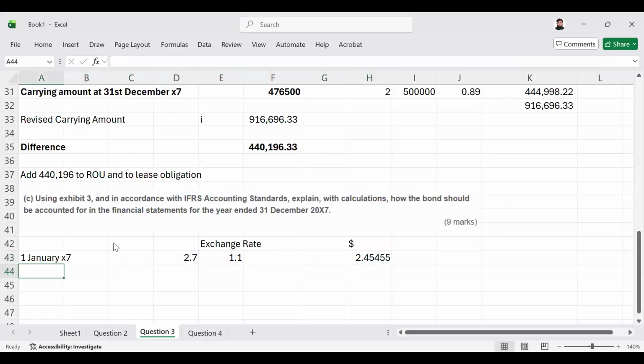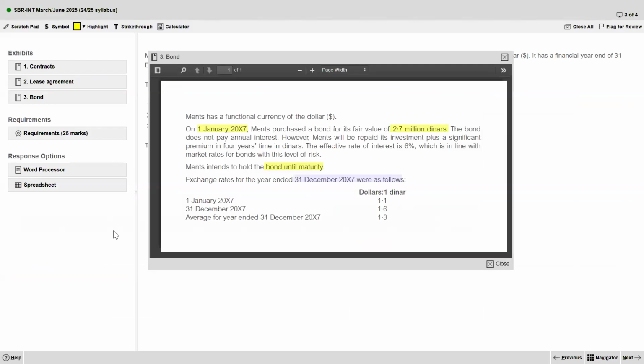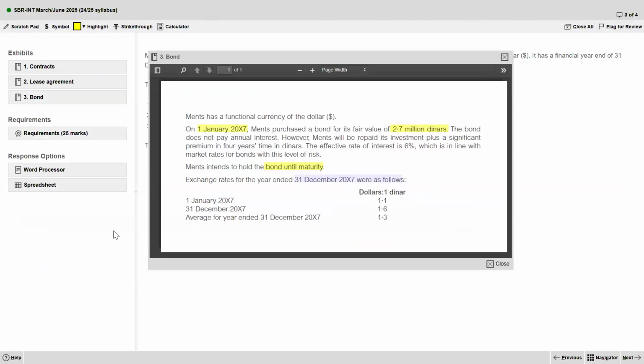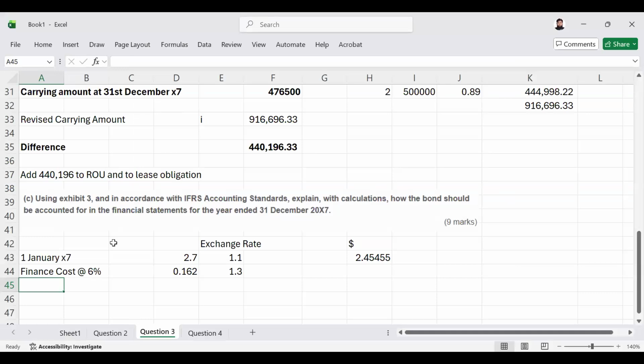Then there is this finance cost, 6%. Is this into 6%? 1.3. Exchange gain or loss. Closing is basically this plus this.